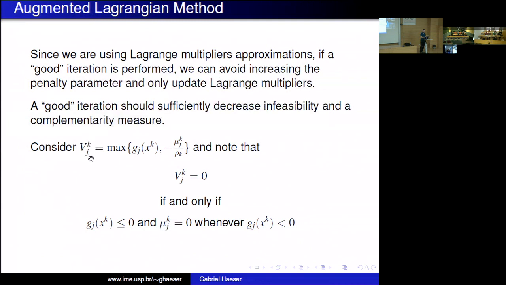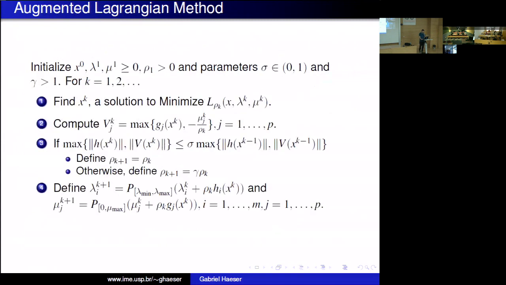So if this measure is significantly reduced from one iteration to the other, and also the equality constraints are reduced, you simply don't increase the penalty parameter. So this is the complete algorithm. You start with an initial approximation for your solution, an initial approximation for your Lagrangian multipliers.